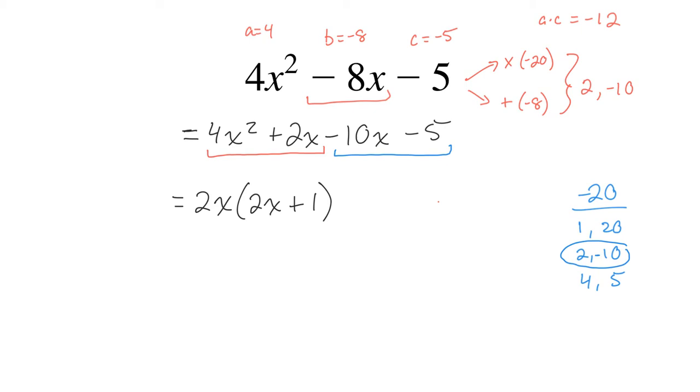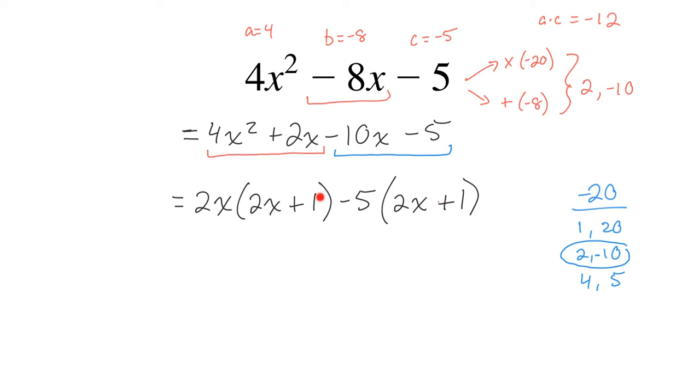So your greatest common factor between your last two terms is a negative 5. So let's pull out the negative 5. And we're going to be left in the brackets with 2x plus 1. So negative 5 times 2x is negative 10x. Negative 5 times plus 1 is negative 5.